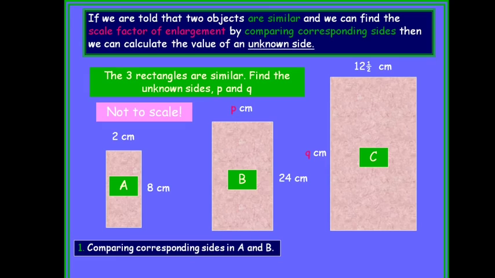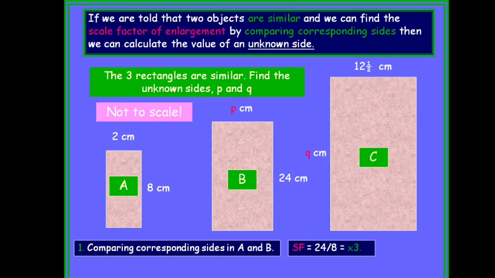So here A and B are the first two rectangles. On comparing for the scale factor, the length of rectangle A is 8 centimeter and the length of rectangle B is 24 centimeter, and 3 times 8 will give you 24 centimeter.